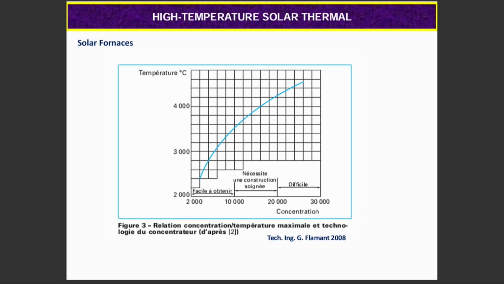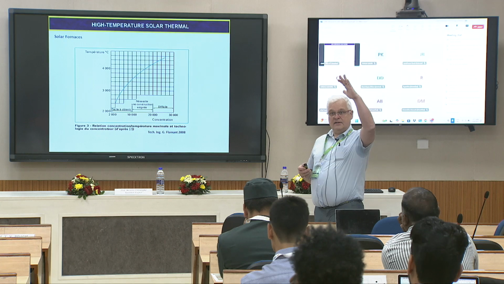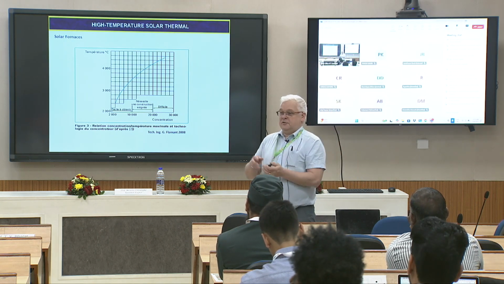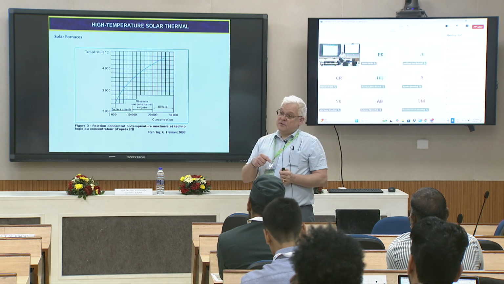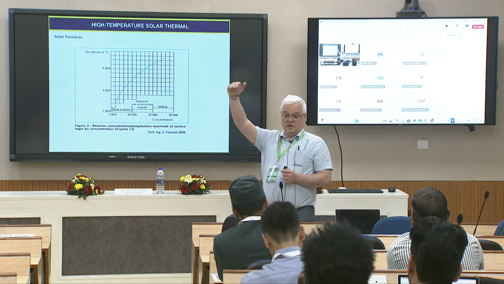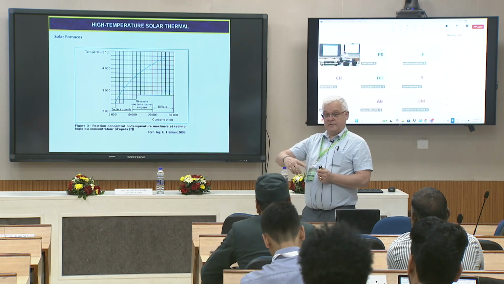Gilles Flamant, who is the author of this, is very famous in the field of solar concentration because he was the head of this nice laboratory in the Pyrenees, at altitude. Why at altitude? Because the mass of atmosphere is lower. When you are very high in altitude, the AM is lower.